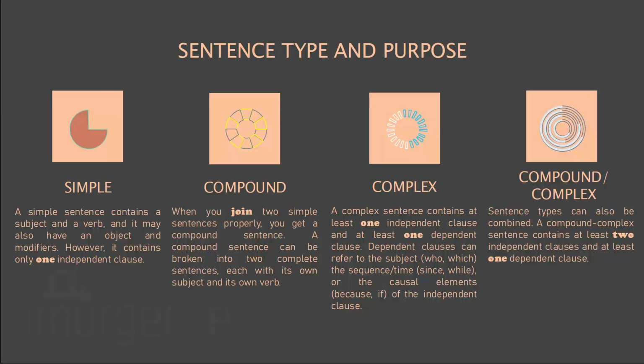Now, when we have sentences which are already compound along with dependent and independent clauses, we call that sentence a compound-complex sentence.